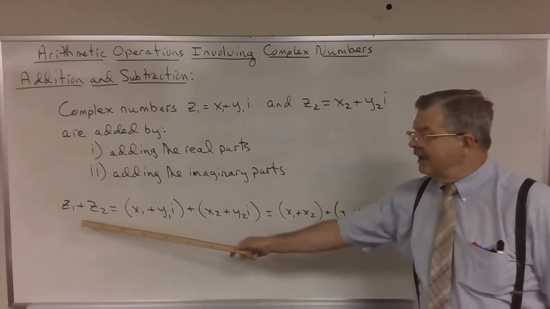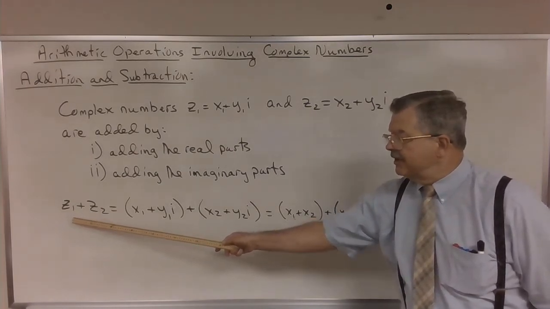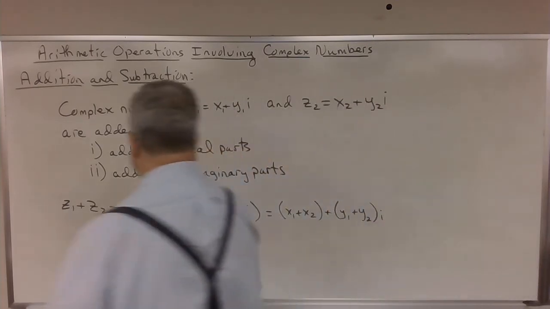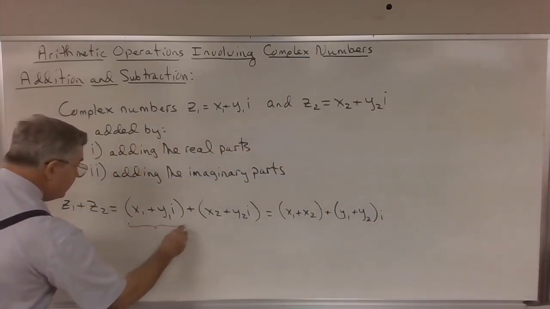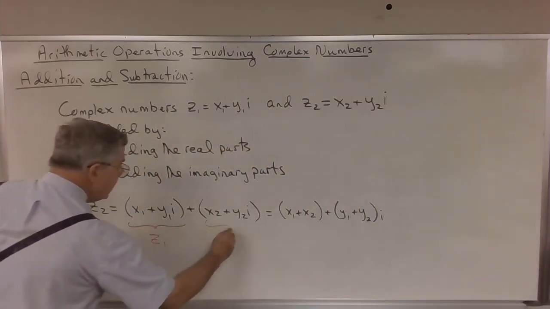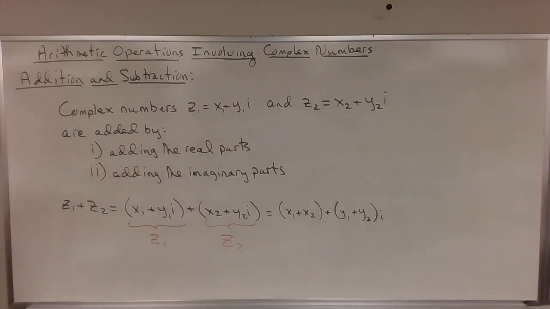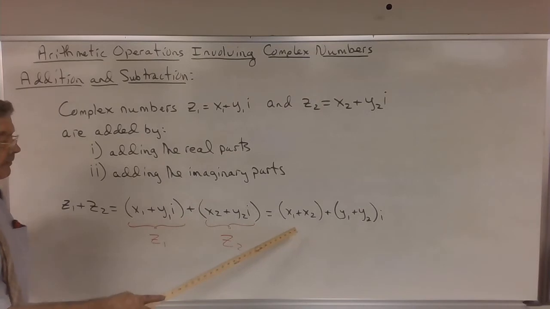We have the complex numbers z1 and z2. So right here, this is our z1, and this is our z2. And the directions say we add the real parts. So x1 plus x2.